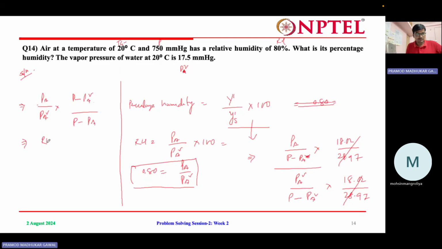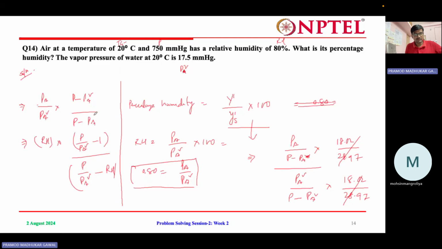RH, right? So divide these terms by PA vapor pressures, like PV minus 1, right? P minus PAV minus RH, right?